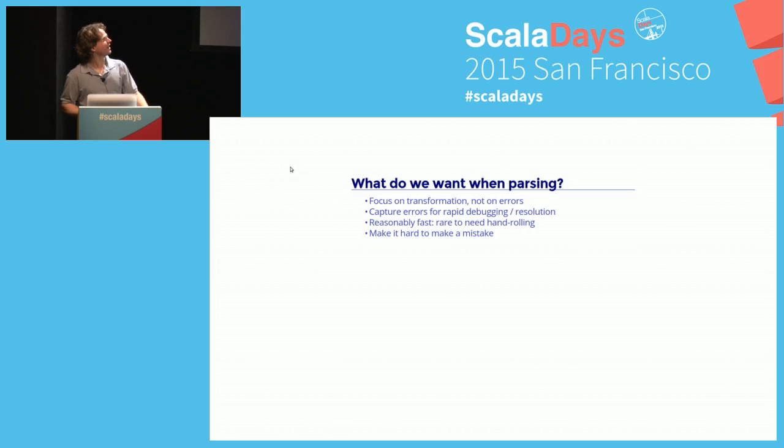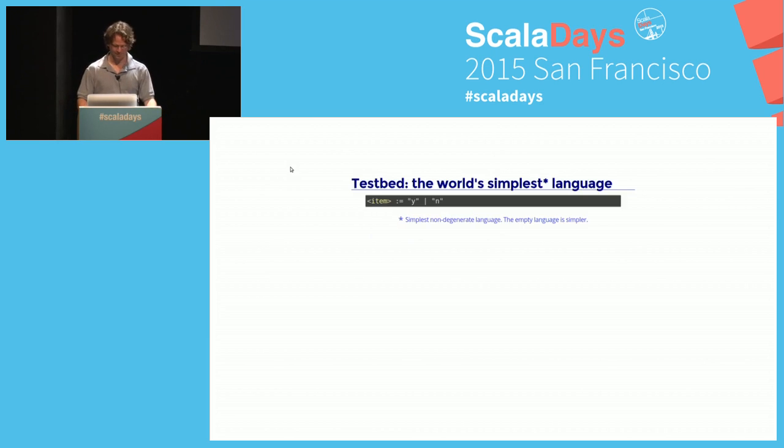We have some clue of how to proceed. It'd be nice if it was not too slow, and it would be nice if you can achieve these things without having to keep a lot of things in mind. You just do the obvious thing and it works, and it's not going to stop the JVM and so forth.